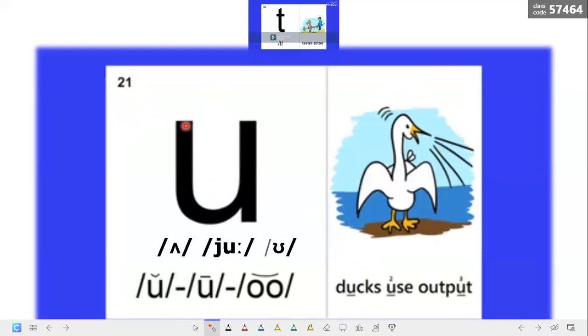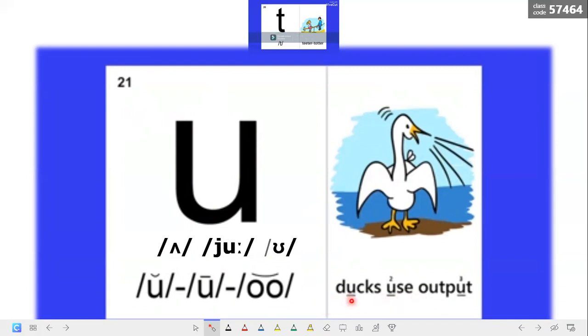21, the letter U. This letter has three basic sounds. It is uh, oo, yoo. Again, uh, oo, yoo. Like the words ducks, use, output.